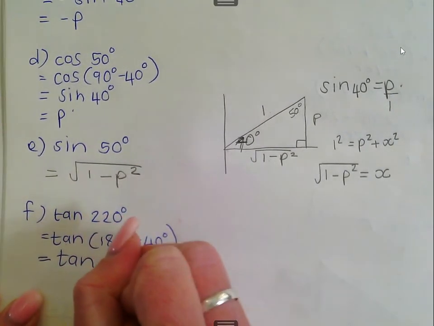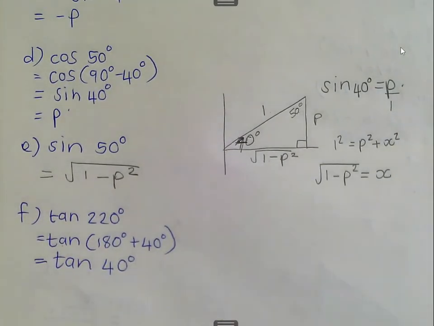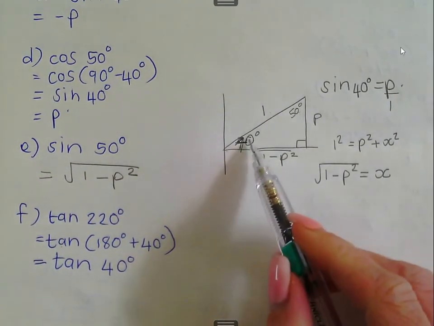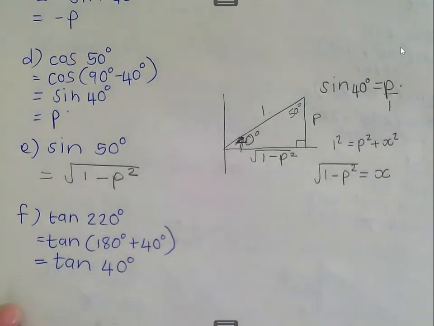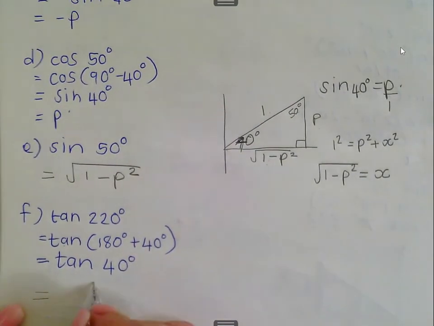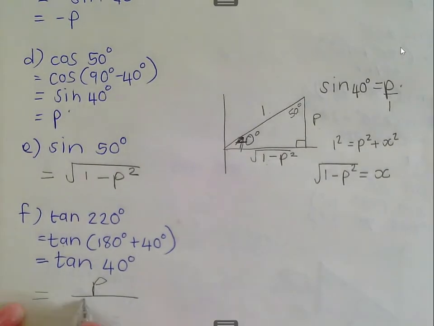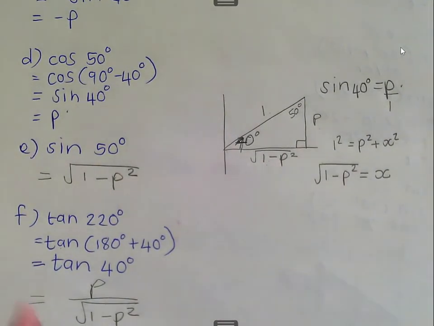So it's just tan 40. I read from the diagram. There's 40 degrees. Tan is opposite over adjacent. So therefore my answer is p over root 1 minus p squared. And it's fine if that answer looks like that. It's in terms of p. That's all we want. That's all you have to do.